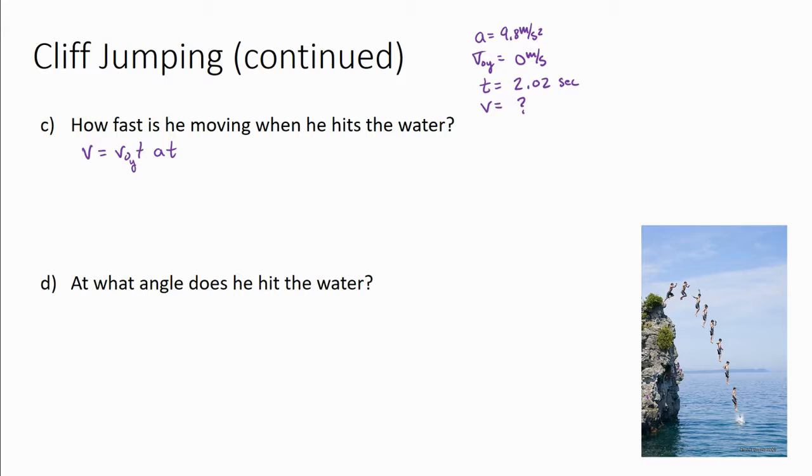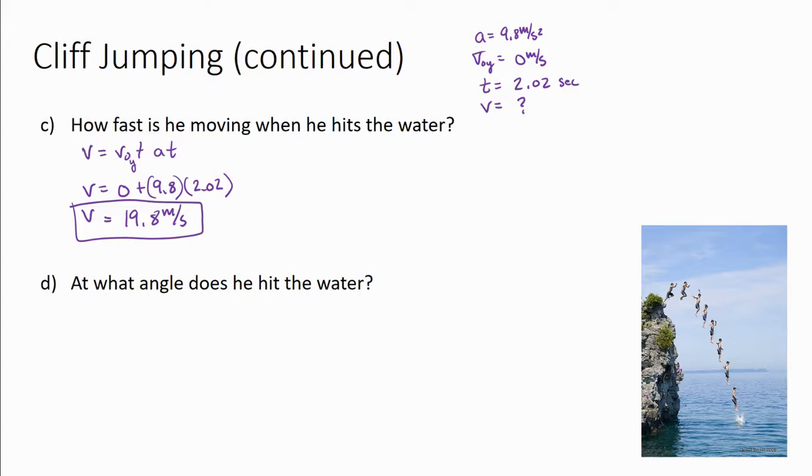You probably could have used the Ringo equation as well, but the Paul equation is easier. So my vertical velocity is just 9.8 times 2.02, so 19.8 meters per second.